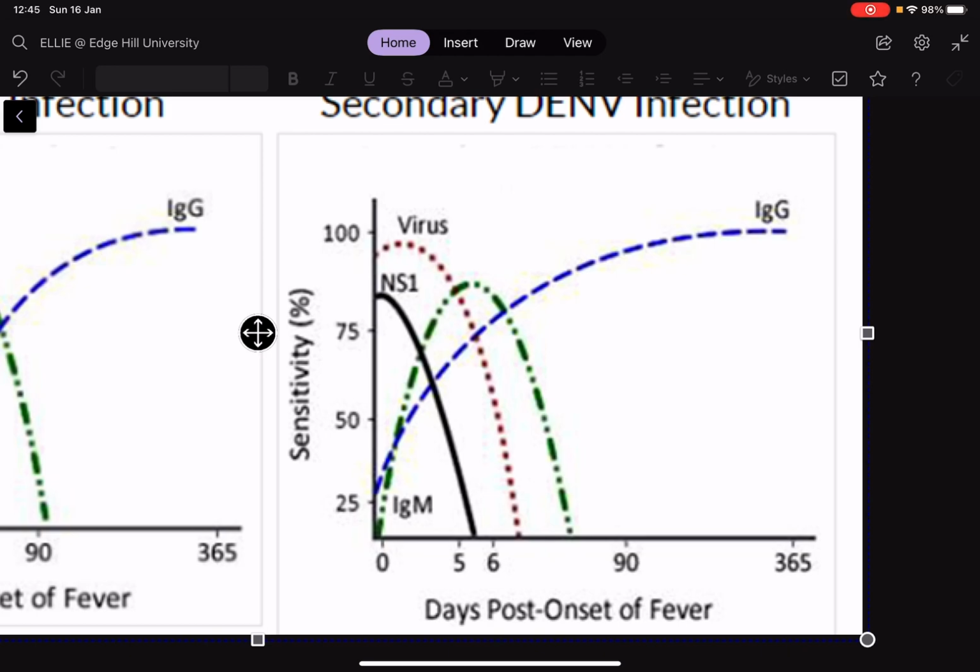That is another important consideration when we diagnose a patient with an arbovirus: have they been infected before? That will affect our decision making.